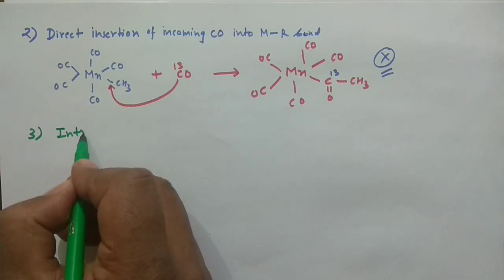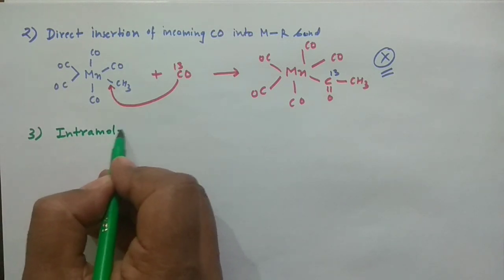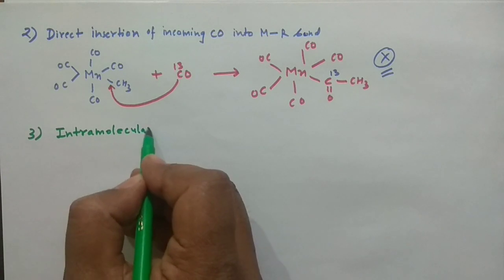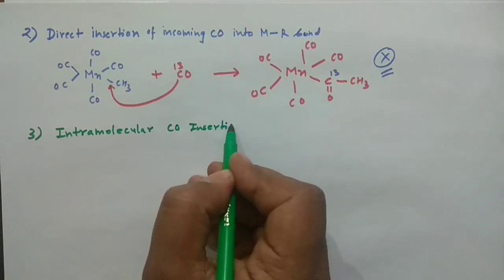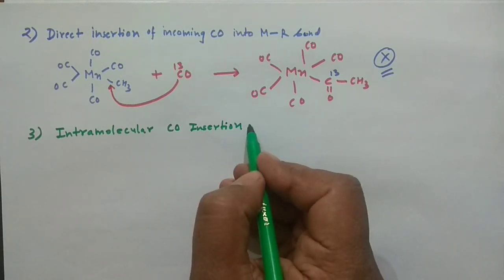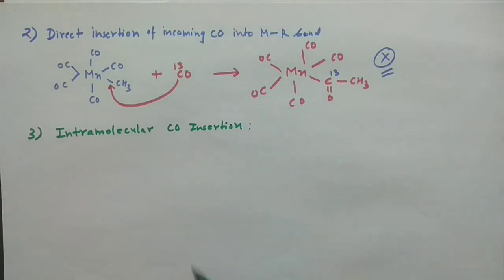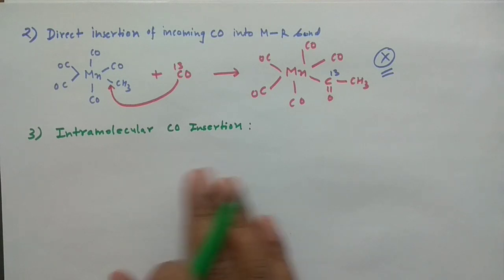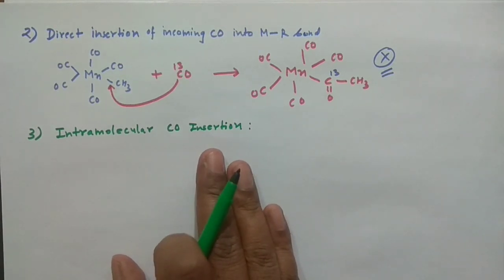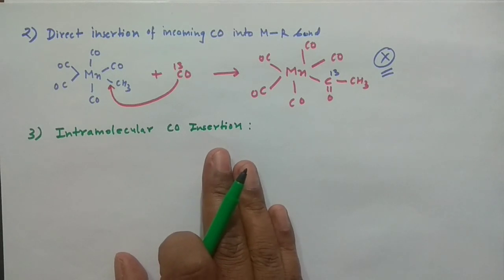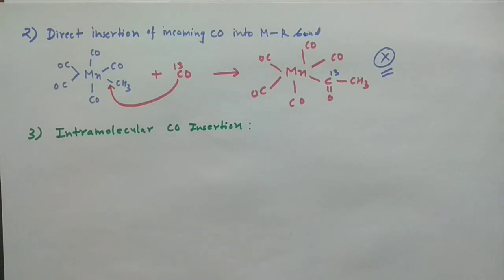Here I am calling it intramolecular carbonyl insertion. This particular mechanism has an average activation energy. This mechanism is possible based on the activation energy, but again the experimental results do not support this mechanism also.